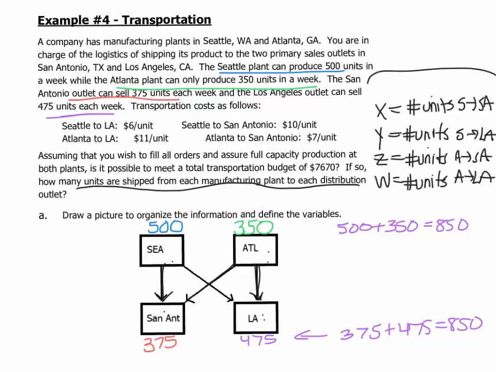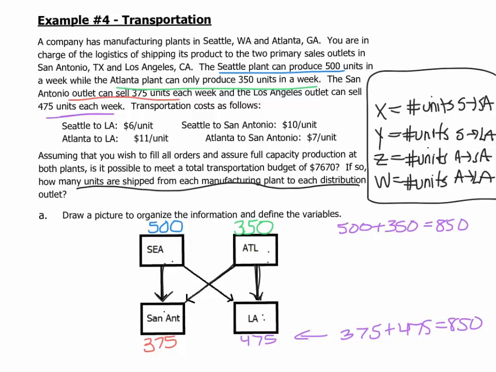So I've defined my variables over here, and I have abbreviated a bit. X is the number of units from Seattle to San Antonio, that's SA. Y is the number of units from Seattle to LA. Z is the number of units from Atlanta to San Antonio. And W is the number of units from Atlanta to LA.